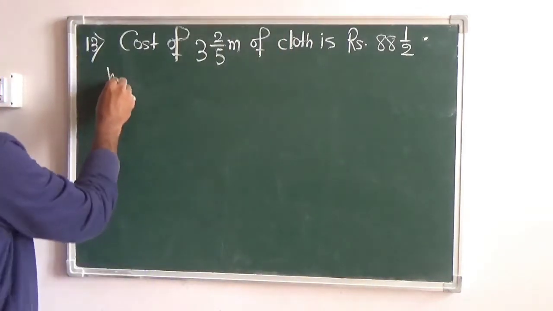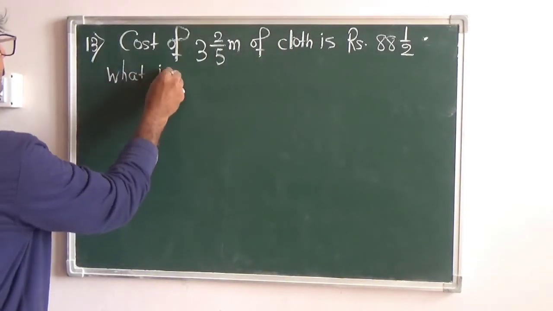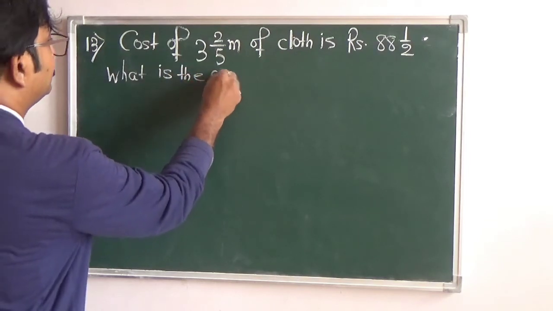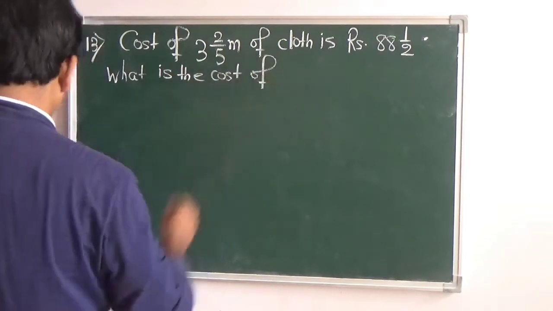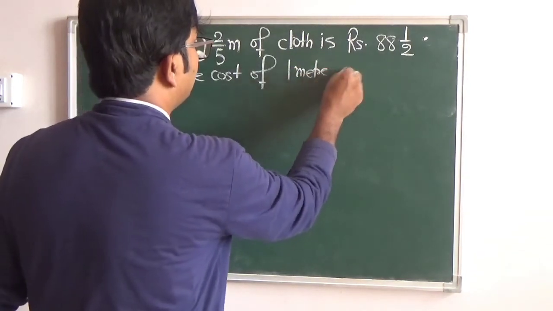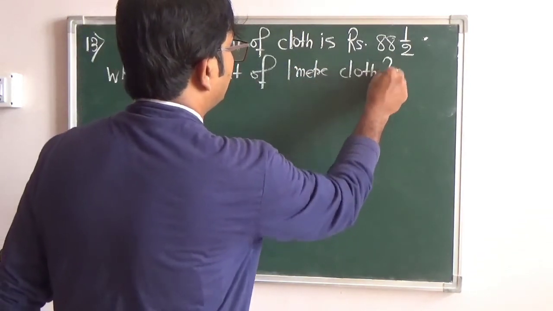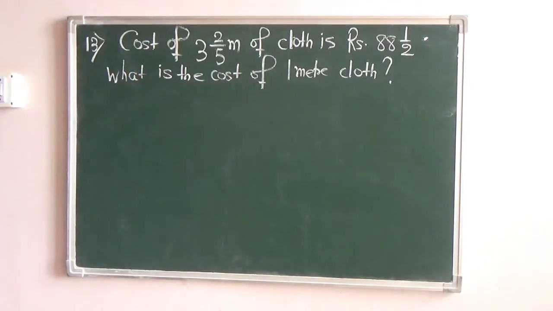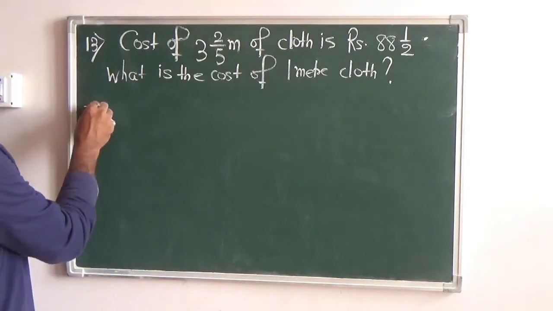What is the cost of 1 meter cloth? So the cost of 3 2/5 meter cloth is 88 1/2. What is the cost of 1 meter cloth?